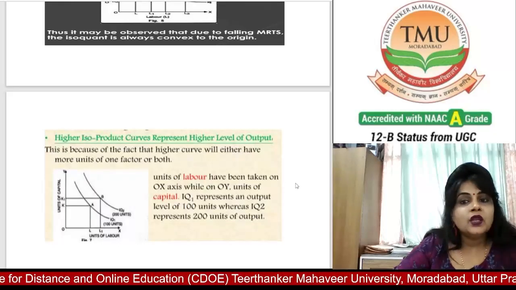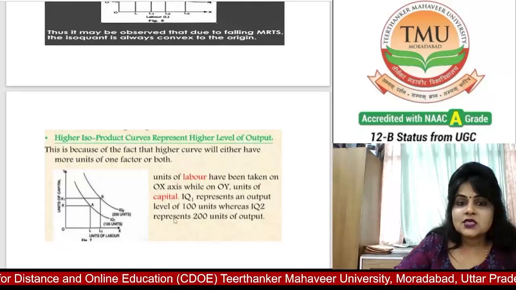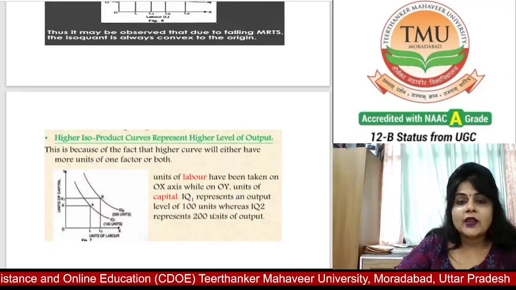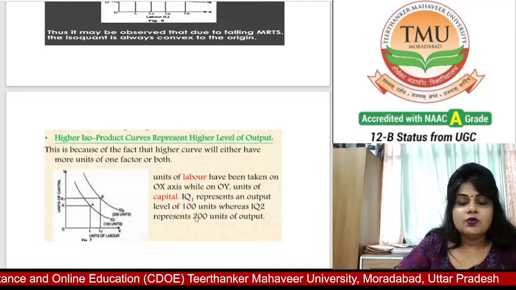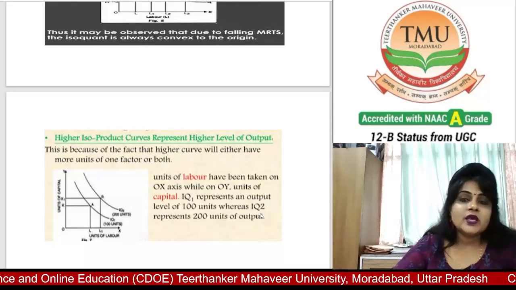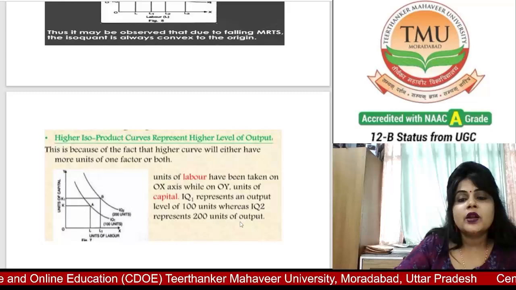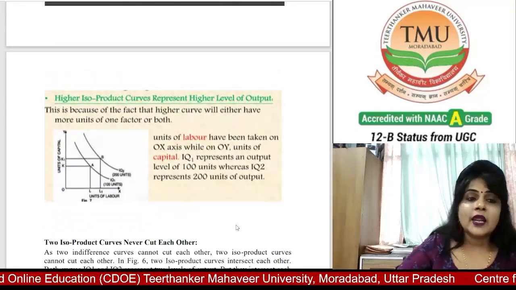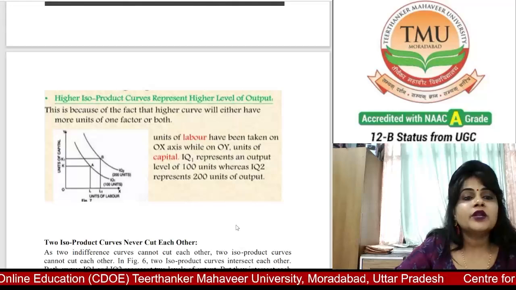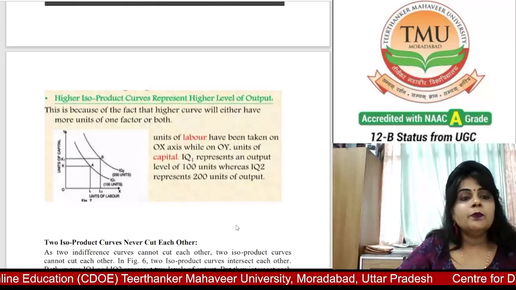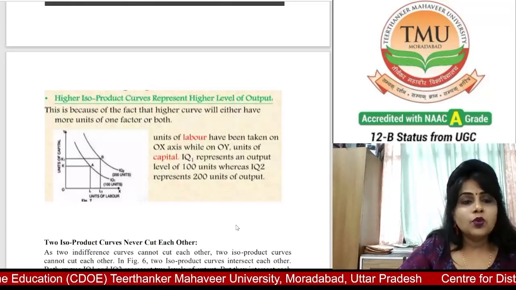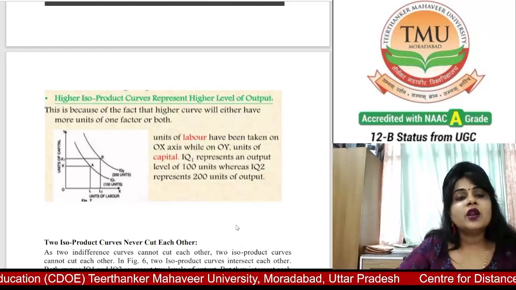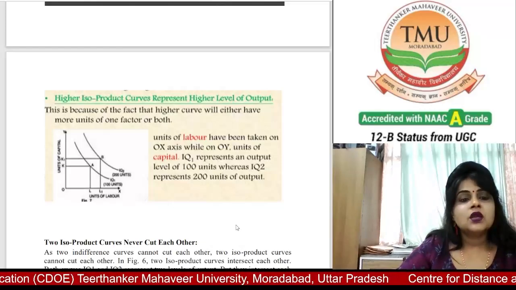Units of labor have been taken on the X-axis while OY shows units of capital. IQ1 represents an output of 100 units, whereas IQ2 represents 200 units of output. This is because at a higher curve, factors of production are more heavily employed, and either more capital or more labor input results in a greater level of production.